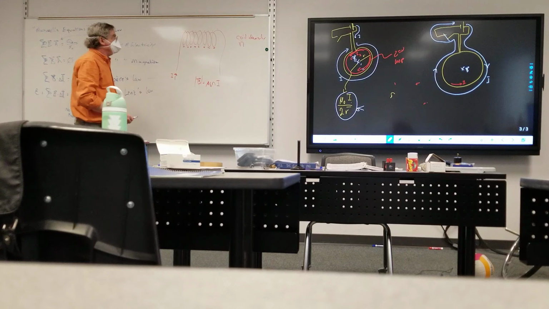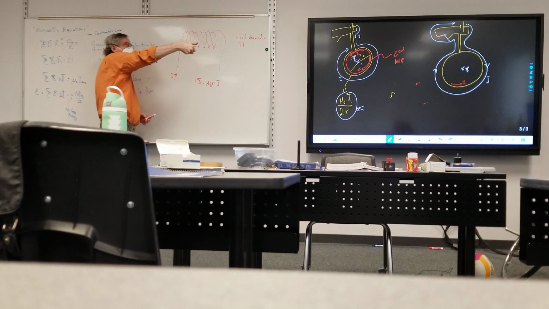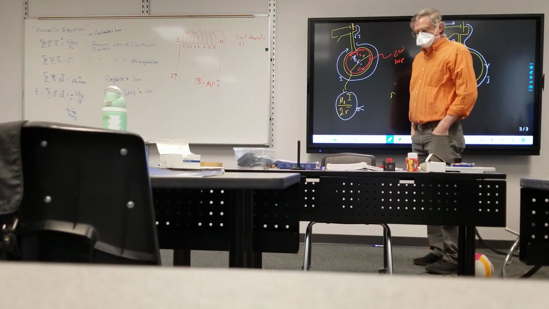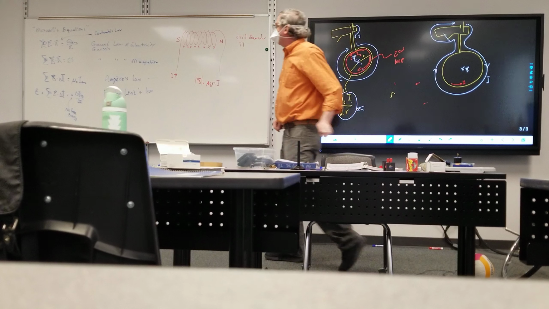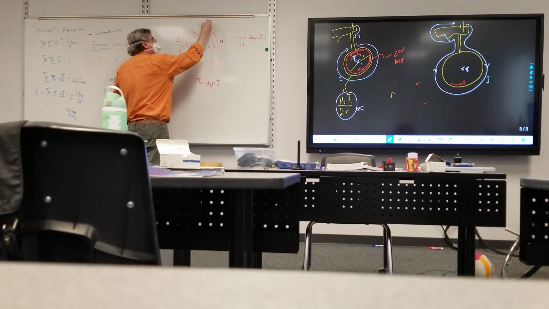The magnetic field that is created in it is going to be that way. So this will be a north end and this will be a south end. In an ideal solenoid, the magnetic field outside of it is going to be zero.